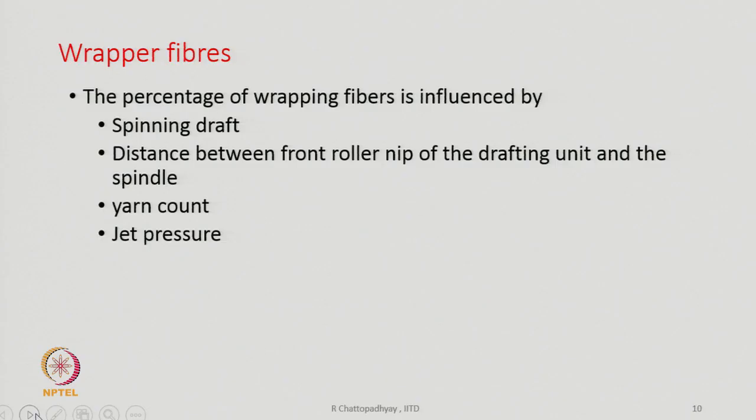Next comes, what are the factors that affect the wrapper fiber generation? The percentage of wrapping fibers is influenced by spinning draft, distance between the front roller nip of the drafting unit and the spindle, that is the jet, the count of the yarn and the pressure of the jet, how much pressure we apply.